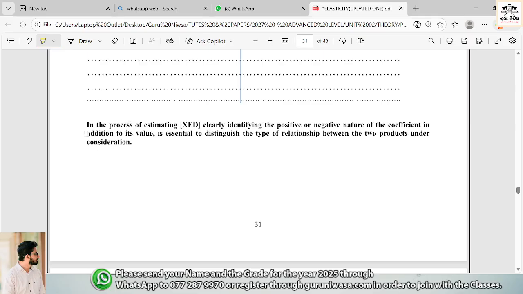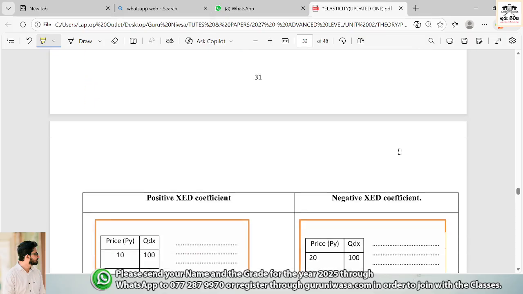It is essential to distinguish the type of relationship between the two products under consideration. Based on this positive or negative value, we can say products are complementary or substitute. You get the point, right?